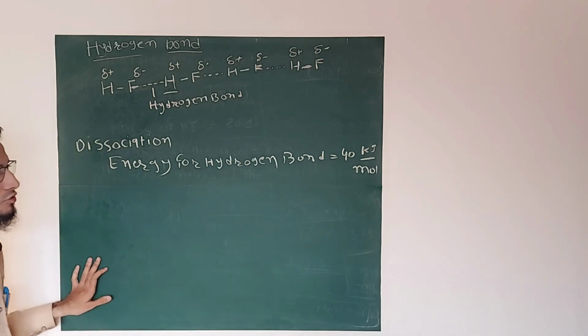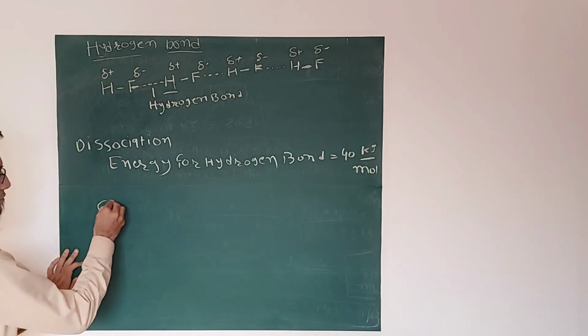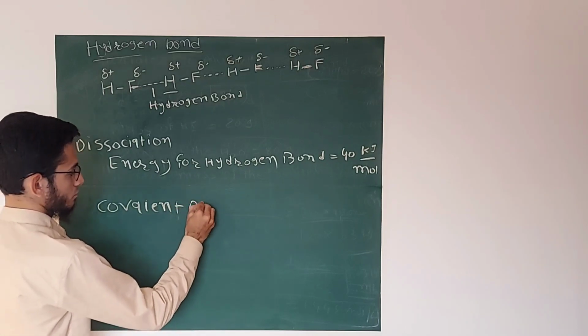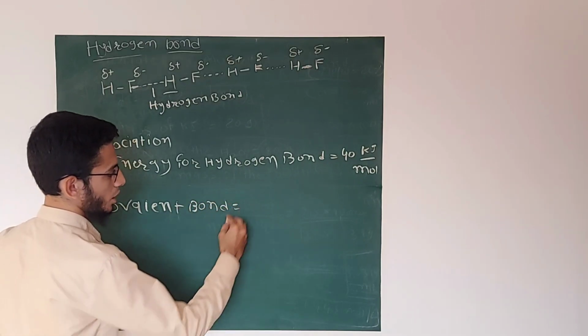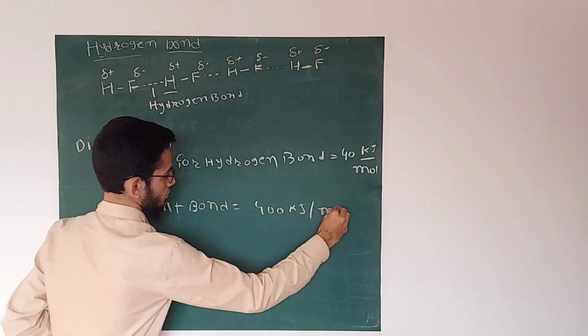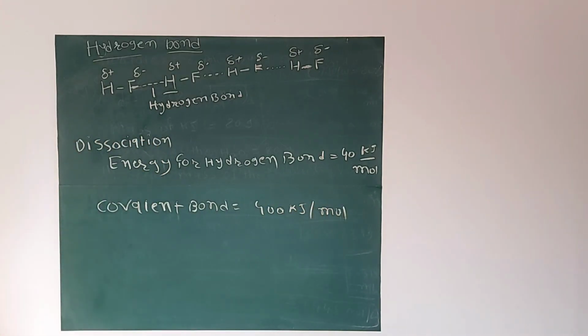But the dissociation energy for the covalent bond is up to 400 kilojoule per mole. So you can see that the covalent bond has higher strength than the hydrogen bond.